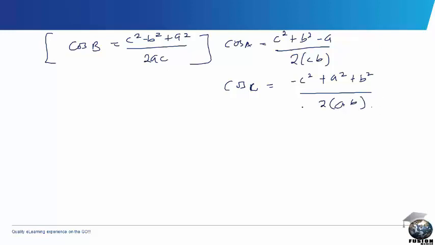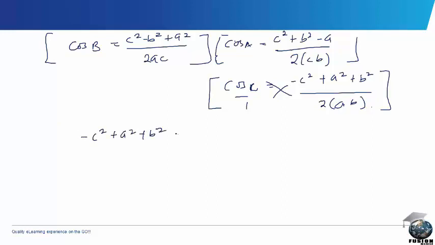And then you can as well use this to get missing sides just by inverting the formula back, assuming cos C is over 1, because everything is over 1. And so this means that we have minus c squared plus a squared plus b squared will be equal to 2ab multiplying cos C.